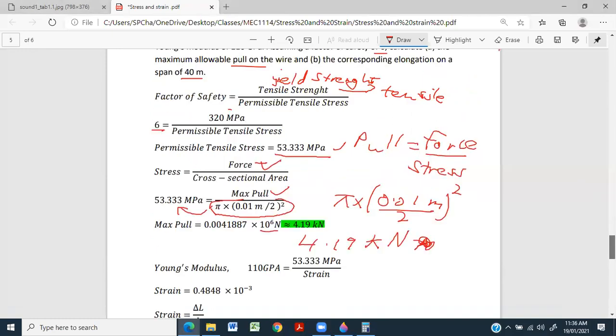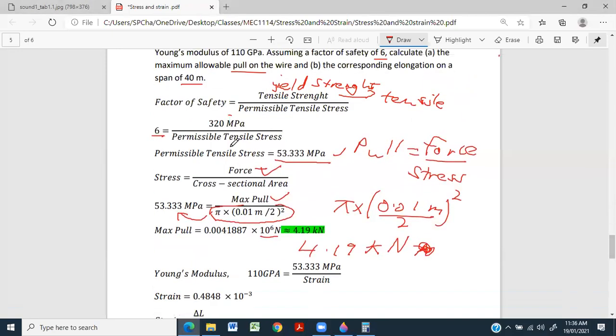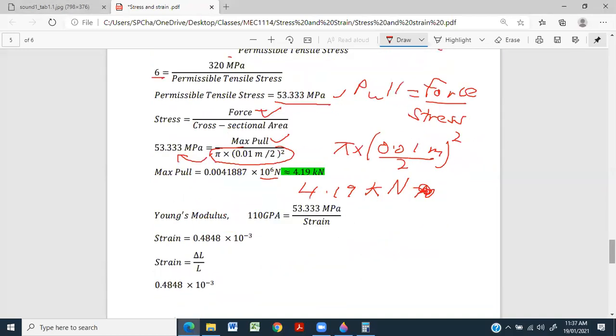So we found the max pull, which comes from the permissible tensile stress, assuming the safety factor was 6, and that permissible stress tells us the force we're allowed to apply based on the cross-sectional area. So it's 4.19 kilonewtons or 4190 newtons. Whichever is easiest for you.